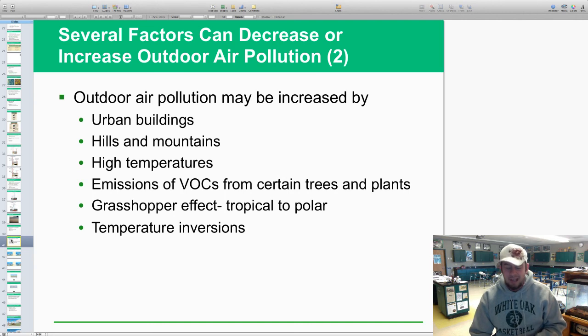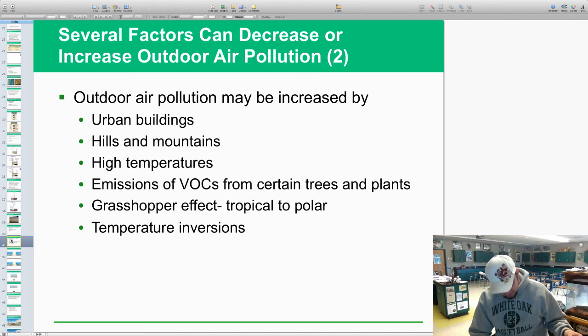And then we have this grasshopper effect, which is where tropical air masses move to polar air masses. So it says it occurs when volatile organic compounds and also air pollutants are transported by evaporation and winds from tropical and temperate areas through the atmosphere all the way to the polar areas where then they're deposited.